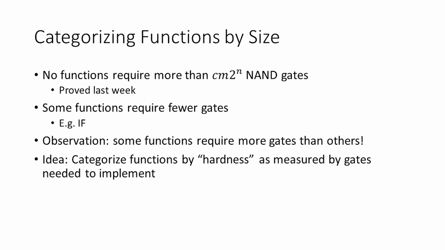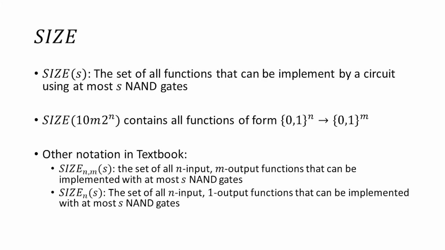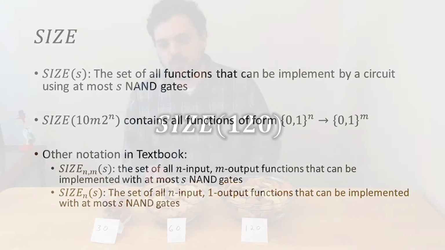of various different functions. So the notation that we're going to use in order to refer to our complexity classes for Boolean circuits is this size notation. So when we say size of S, that is actually going to be the set of all functions that can be implemented by Boolean circuits using S or fewer NAND gates.